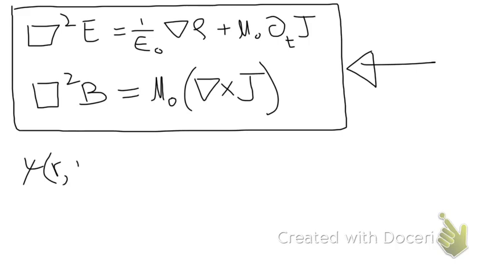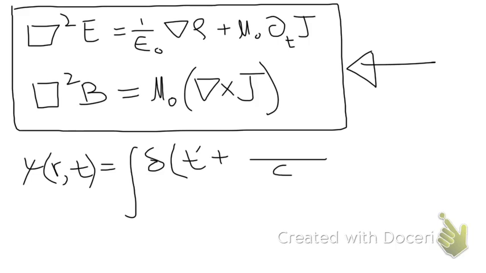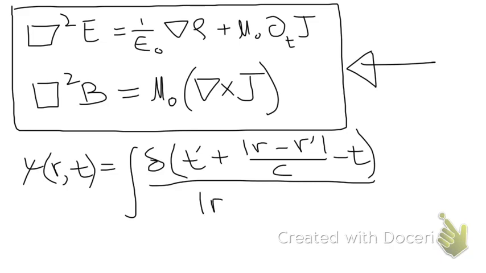So psi of r, t is equal to the integral of the Dirac delta function of t prime plus the absolute value of r minus r prime over c minus t, all of this over the absolute value of r vector minus r prime vector, and on this side I have my charge density rho that is going to depend on r prime and t prime.